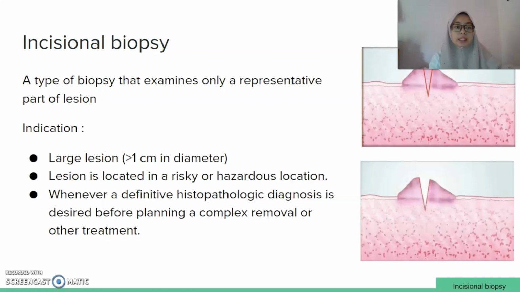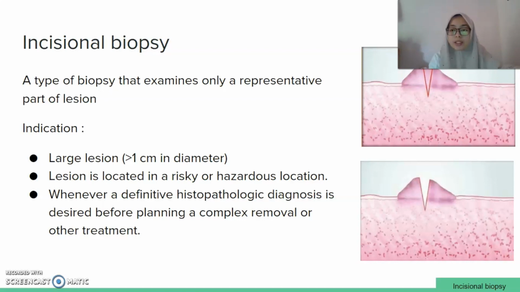As for incisional biopsy, I will tell the difference between incisional biopsy, excisional biopsy as well as punch biopsy. Incisional biopsy is a type of biopsy that examines only a representative part of the lesion. The indication is when the lesion is large, more than 1 centimeter in diameter, when the lesion is located in a risky or hazardous location, or whenever a definitive histopathologic diagnosis is desired before planning a complex removal or other treatment.